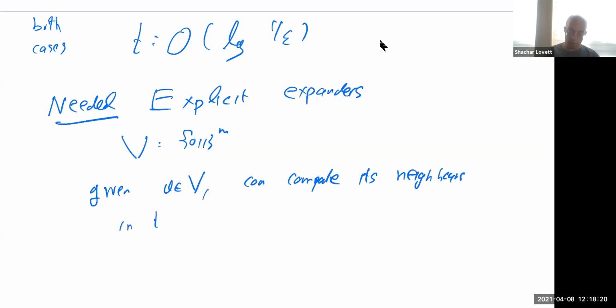So let's say in time poly(m), right? Polynomial in the length of the description of the node. Such graphs we actually call strongly explicit.